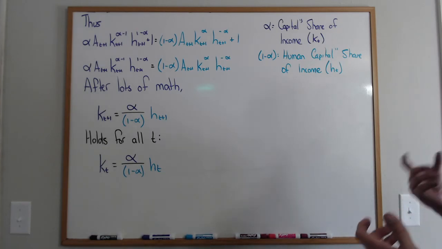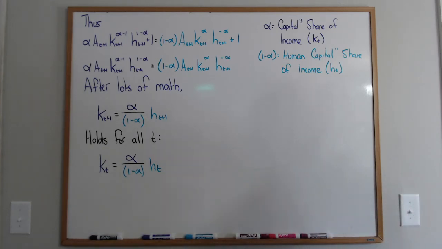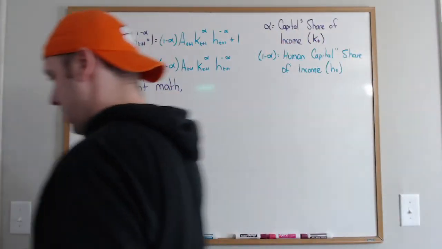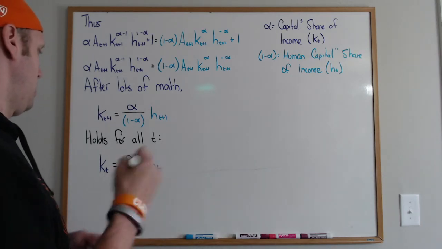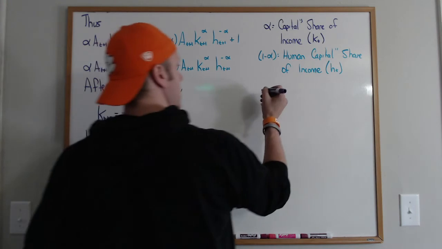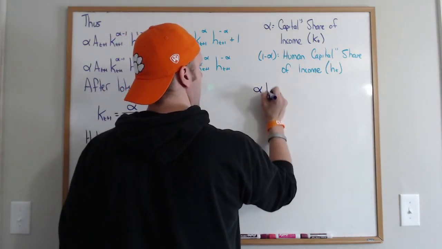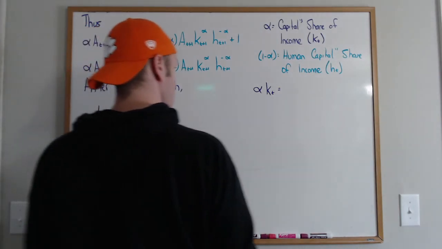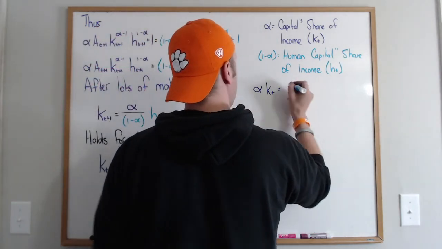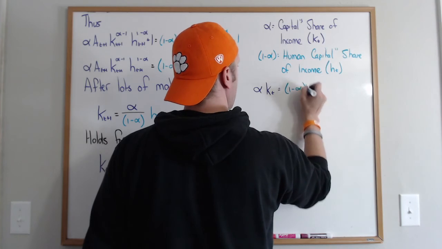When k_t equals alpha over one minus alpha times h_t, we can get alpha times k_t equal to one minus alpha times h_t.